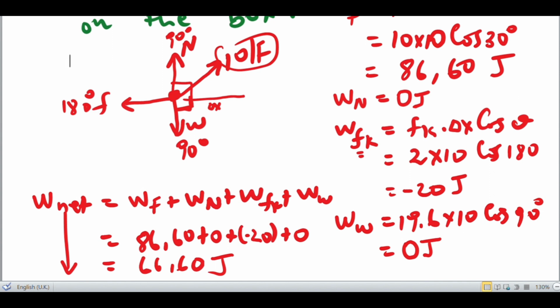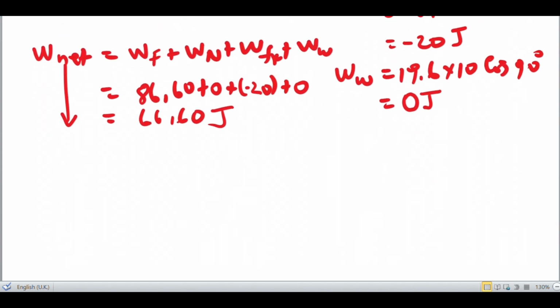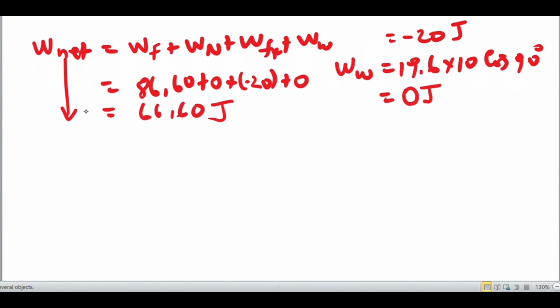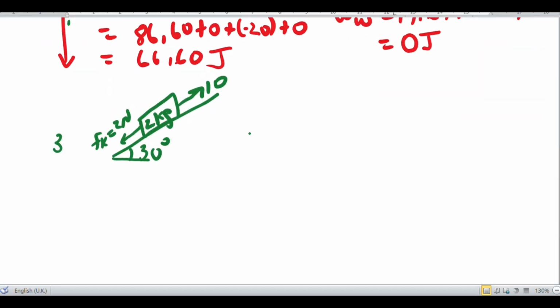Okay, now let's go to another example. All right, now we are dealing with an incline. We are still calculating the net work done. In this case, the easiest way is to first deal with a triangle.